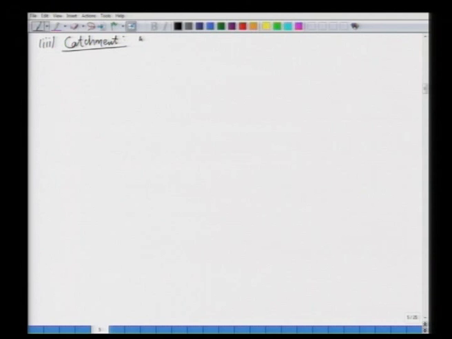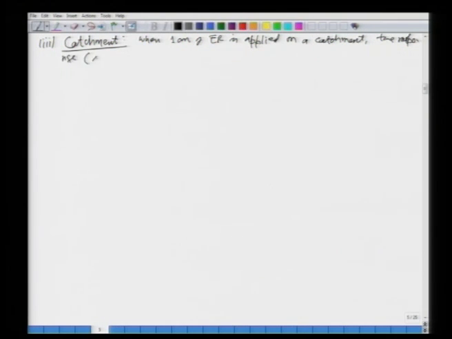So, when 1 centimeter of effective rainfall is applied on a catchment, the response in terms of the DRH, or the direct runoff hydrograph, from the system, the system being your catchment, is described by a unit impulse response function.